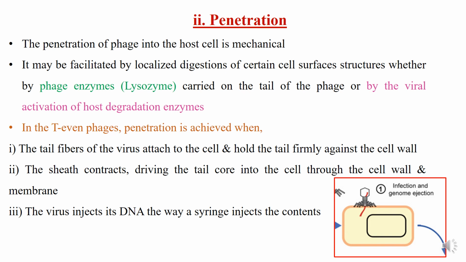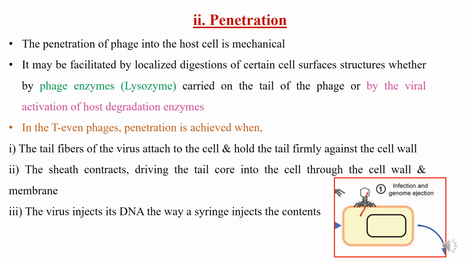This is facilitated by localized digestion of the bacterial cell surface with the help of enzymes released by the bacteriophage tail, that is lysozyme, or the bacteriophage induces the bacteria to produce degrading enzymes, that is, viral activation of host degrading enzymes. Because of the degrading enzymes or the lysozyme, the bacterial cell wall is disrupted, so that the virus makes an entry of its nucleic acid into the bacterial cell.